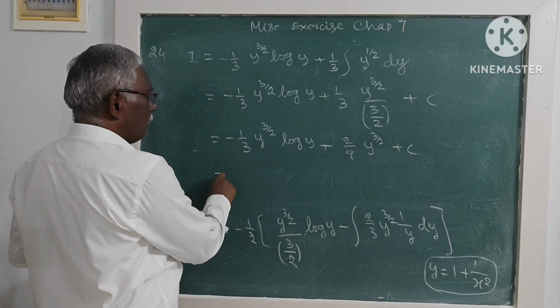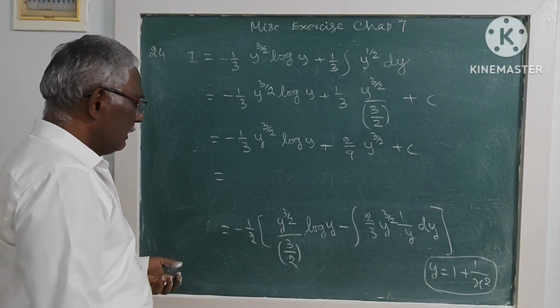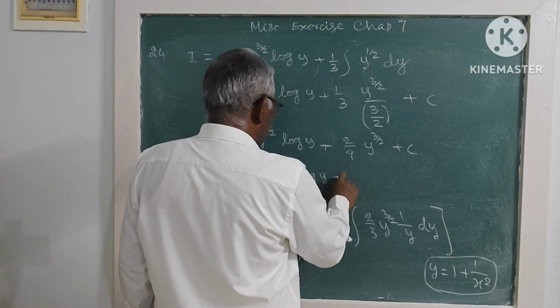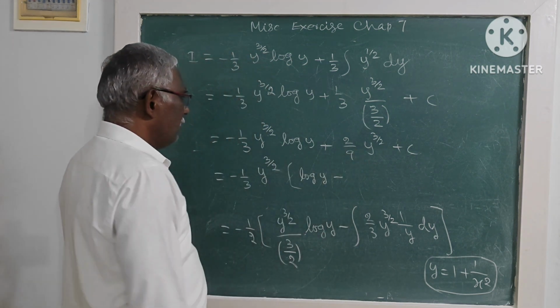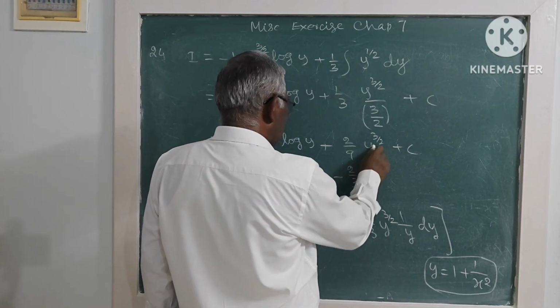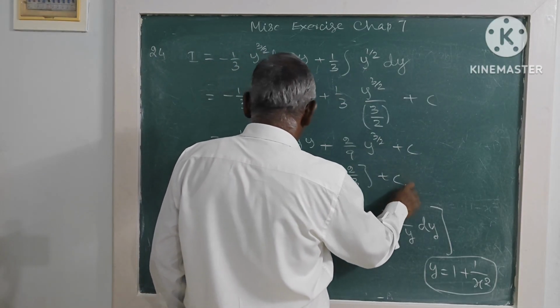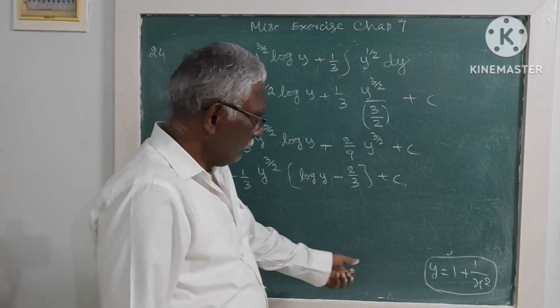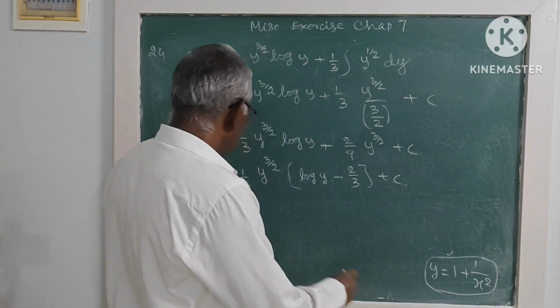So wherever y is there, put 1 plus 1 by x square. Minus 1 by 3 we have taken outside, so it will be 2 by 3 plus constant. What is the value of y? y is 1 plus 1 by x square.